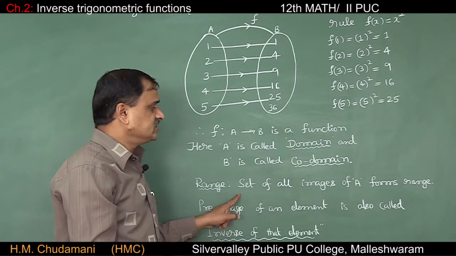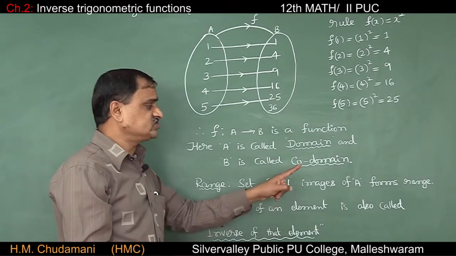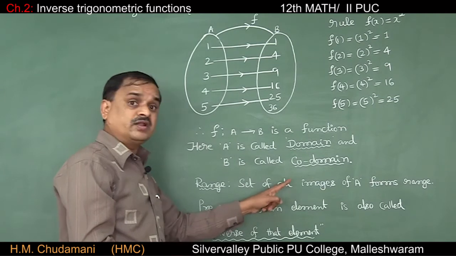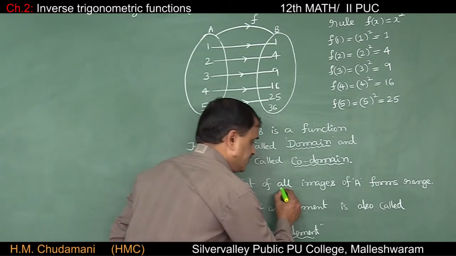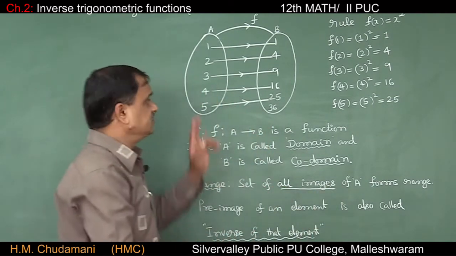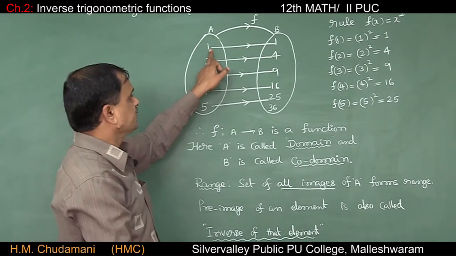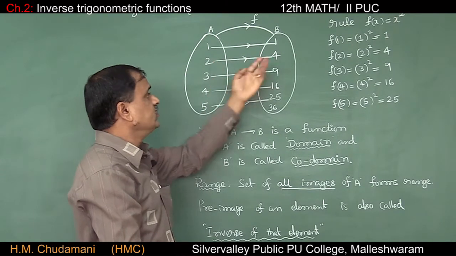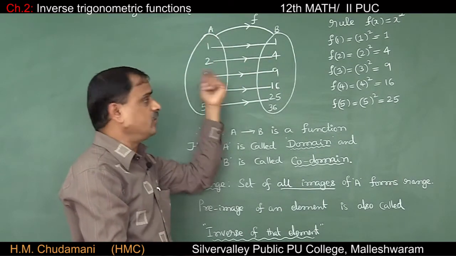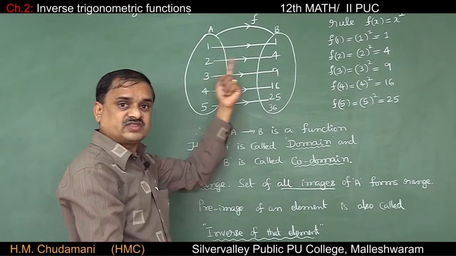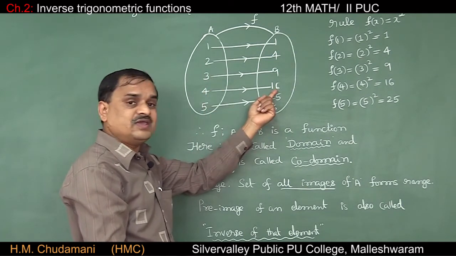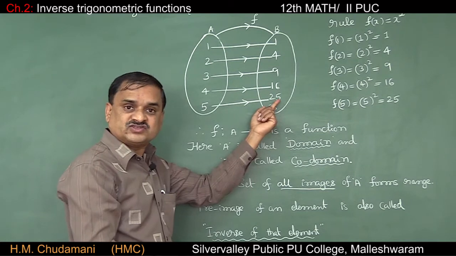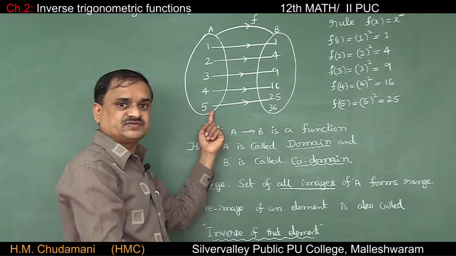Range means the set of all images of A forms the range. First of all, what do you mean by image? See, 1 is the pre-image of 1, 2 is the pre-image of 4, the pre-image of 9 is 3, the pre-image of 16 is 4, the pre-image of 25 is 5.